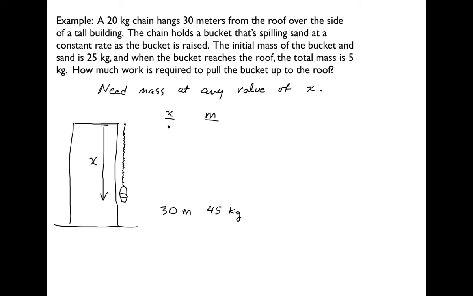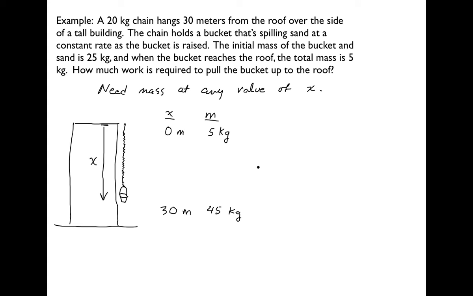The mass is 5. Agree with that? When we get to the top, the mass is 5 kilograms, because there's 0 kilograms of chain, and it's all just what's left of the bucket and the sand.